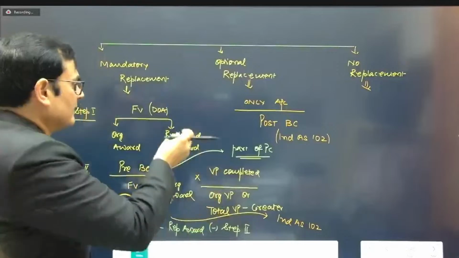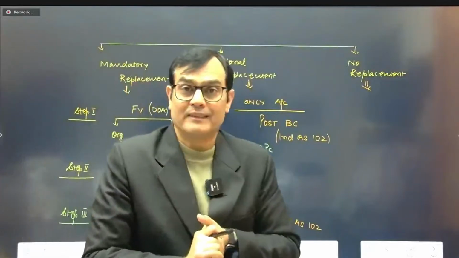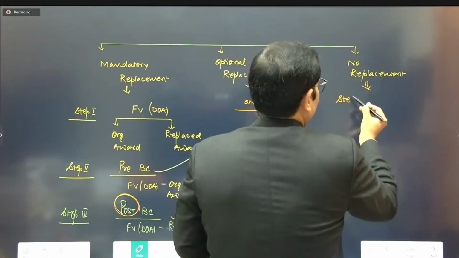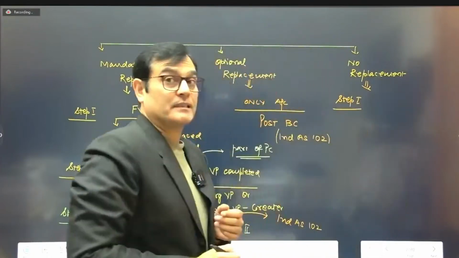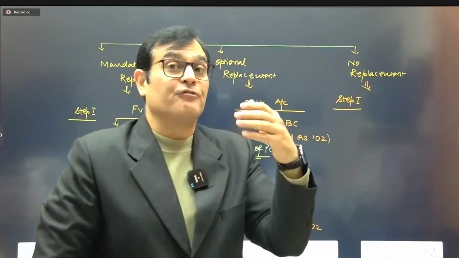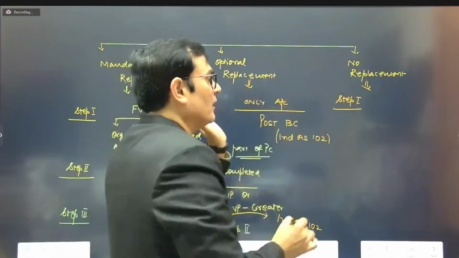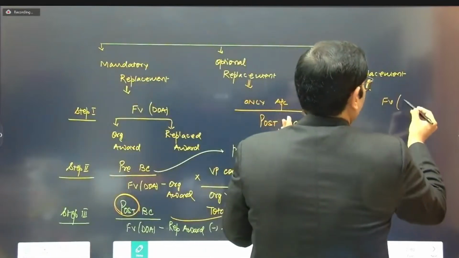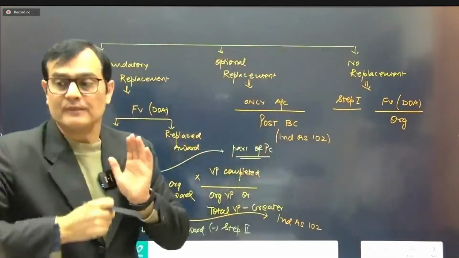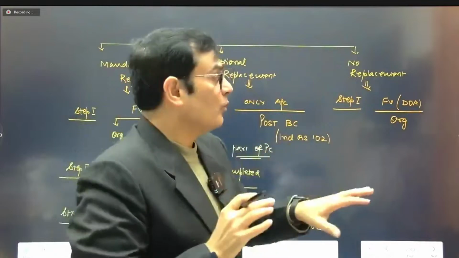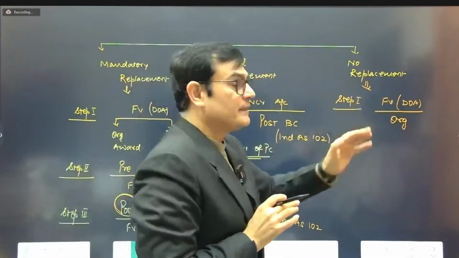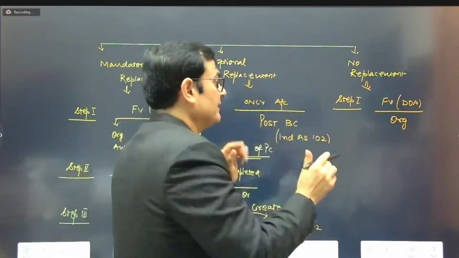And a similar three-step model will be done, except there is going to be a slight change. In step number one, now there is no replacement, so I cannot consider the fair value of the replaced award. I will just consider the fair value on the date of acquisition for the original award only.